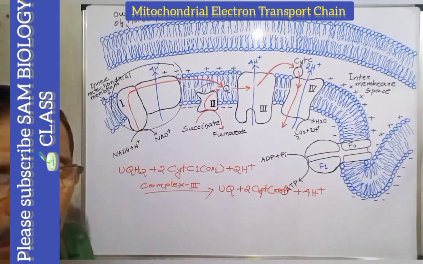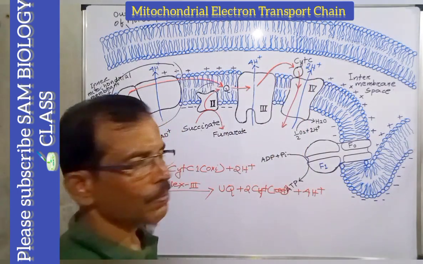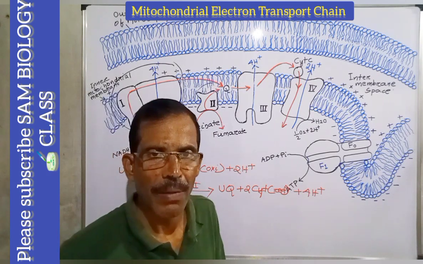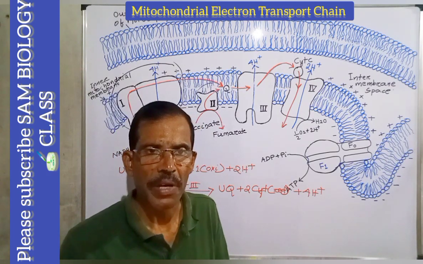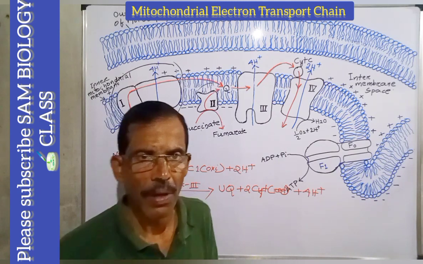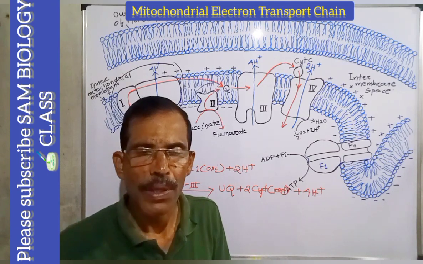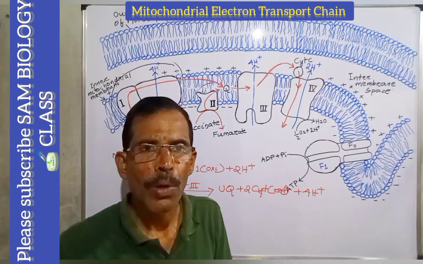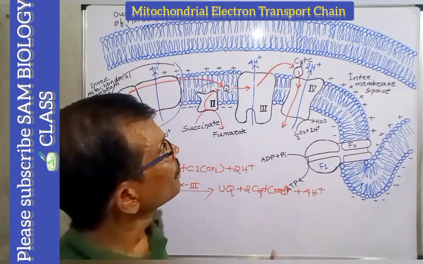The pathway of electron transfer through this segment of the respiratory chain is rather complicated. However, the net result of the transfer is very simple. That is, ubiquinol is oxidized to ubiquinone and 2 molecules of cytochrome C are reduced.